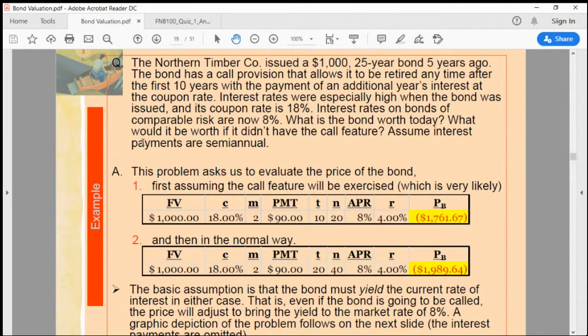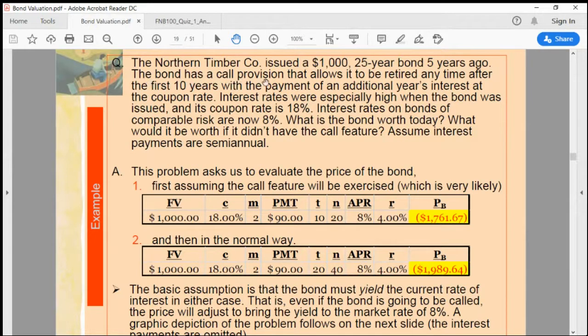Okay, so let's take a look at this example. The Northern Timber Company issued a $1,000 25-year bond 5 years ago. So the timeline left is 20 years, right?